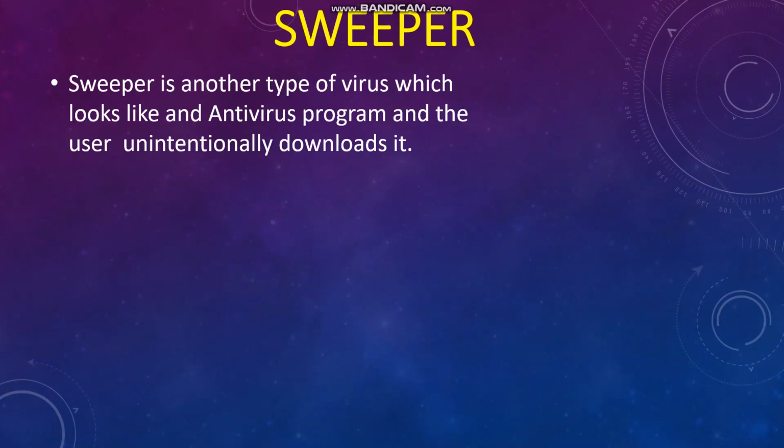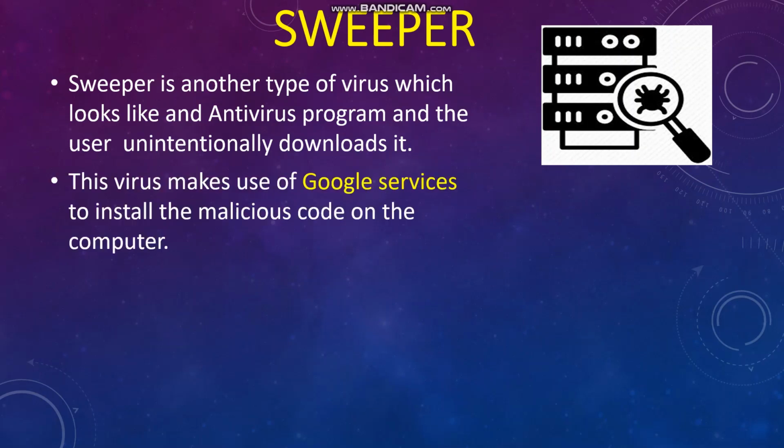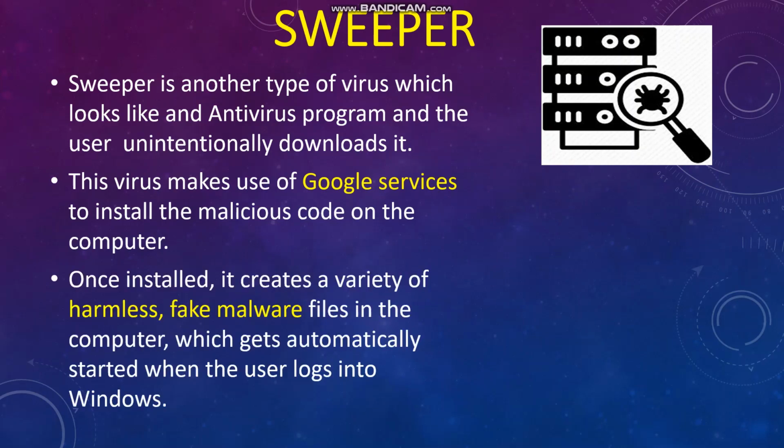Sweeper. Sweeper is another type of virus which looks like an antivirus program and the user unintentionally downloads it. The virus makes use of Google services to install the malicious code on the computer.